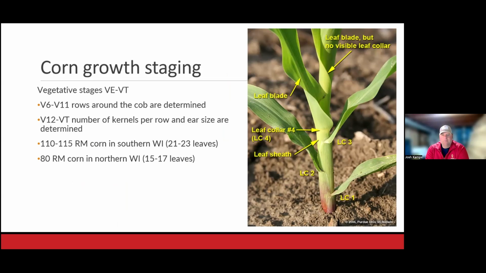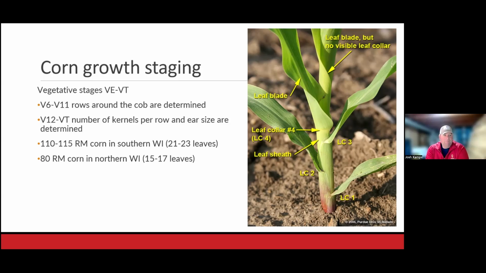And then our fifth leaf is not fully emerged yet, so we can't give that next growth stage. So that would be a V4 corn plant. If everything's attached well, this is pretty easy to identify once you get an eye for it. Once you know you're looking for that leaf, it has to come all the way back to the stem and form that collar.